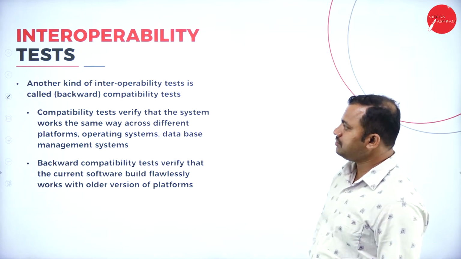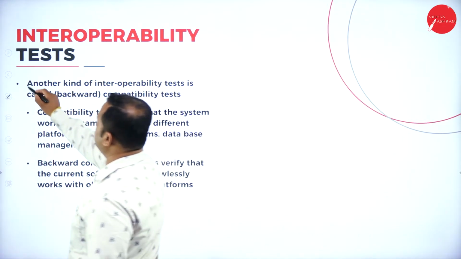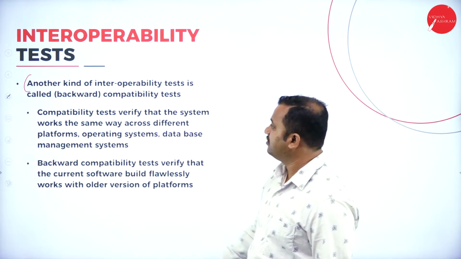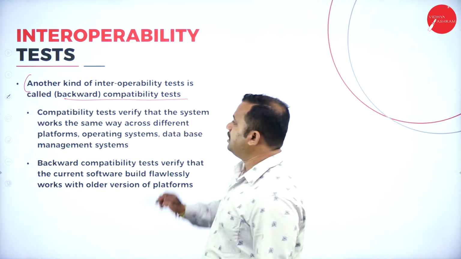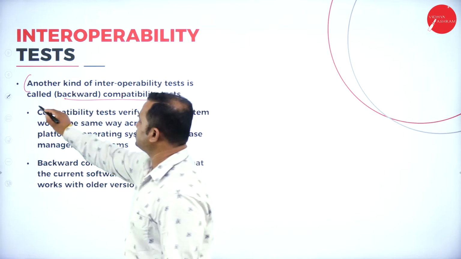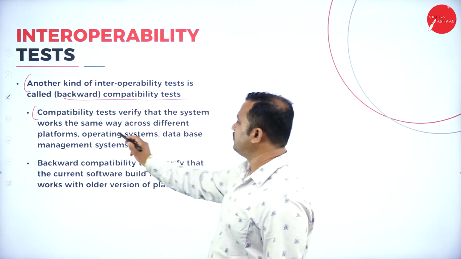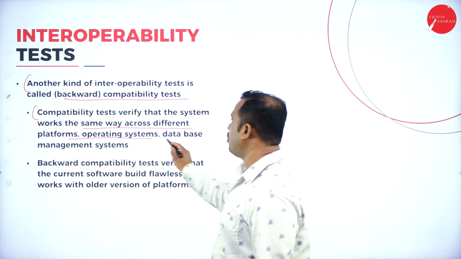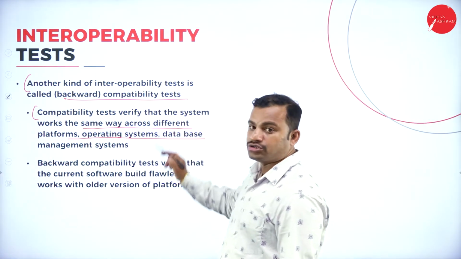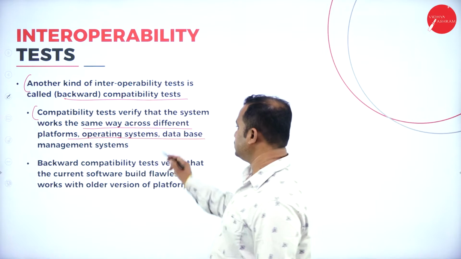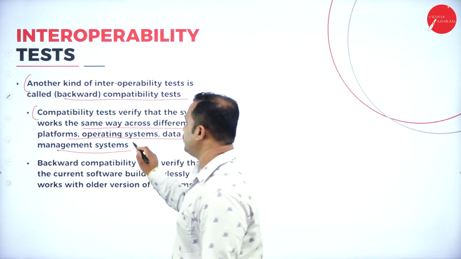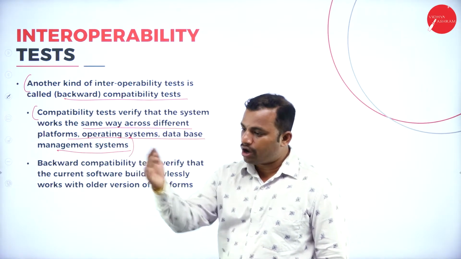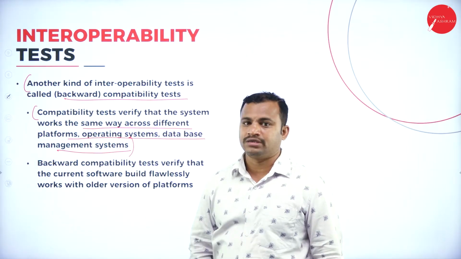Next one, backward compatibility. That means what? We have the backward compatibility test. Compatibility tests verify that the system works in the same way across different platforms, for example operating systems, that is Windows or Unix, or a database management system, whether it is Oracle 9 or 10G or anything, it doesn't matter.